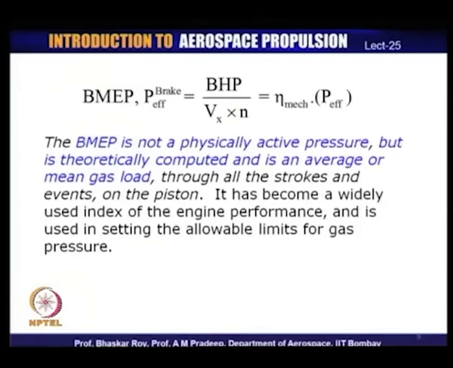So, it is a kind of measure of the average mean gas load through which the piston actually operates, and it has become a widely used index of the engine performance. As a result, we need to keep an eye on this brake mean effective pressure for our various understanding of how the piston cylinder arrangement actually works.